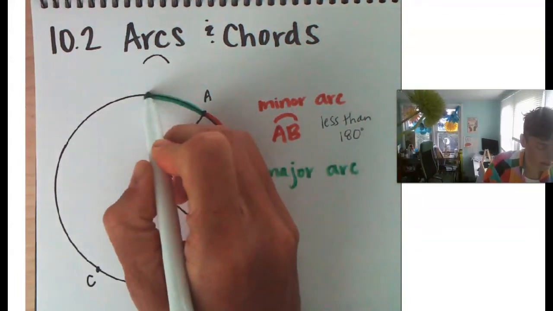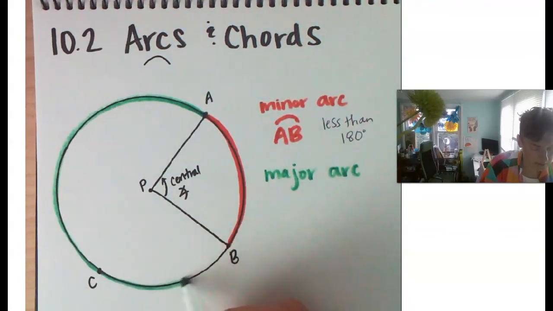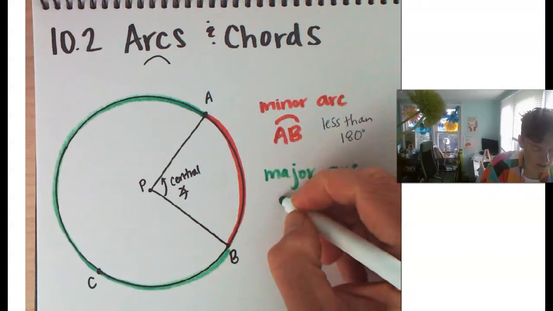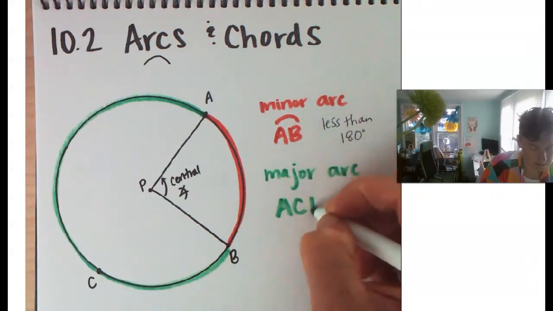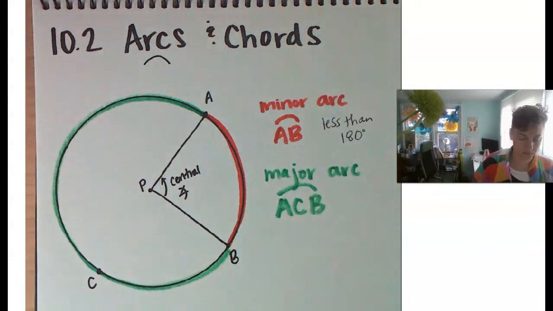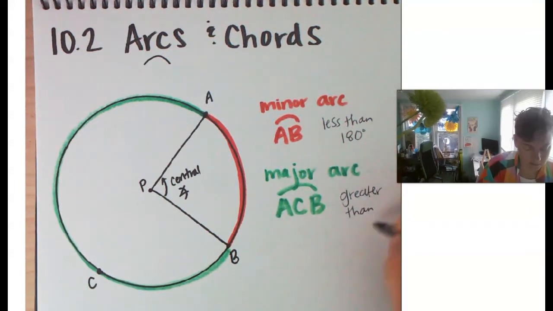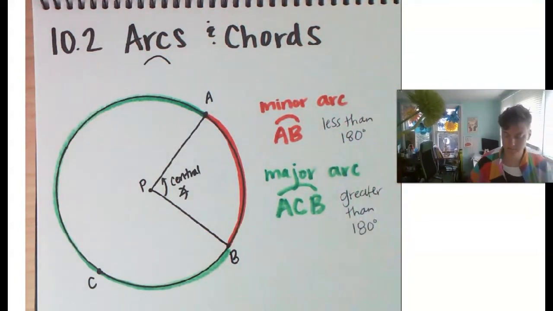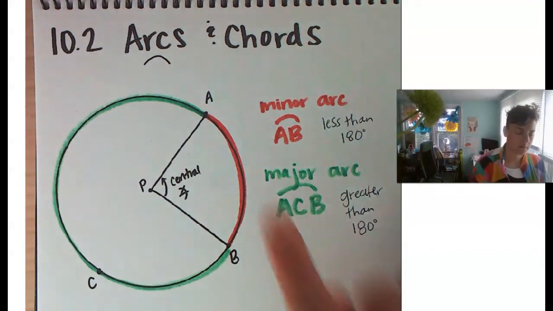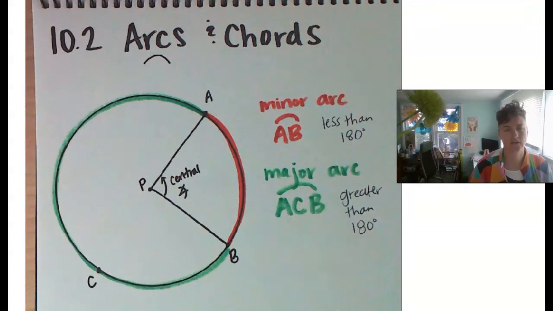So it'll be called ACB, and our major arcs will always be greater than 180 degrees. Cool. Minor arc, major arc, central angle.